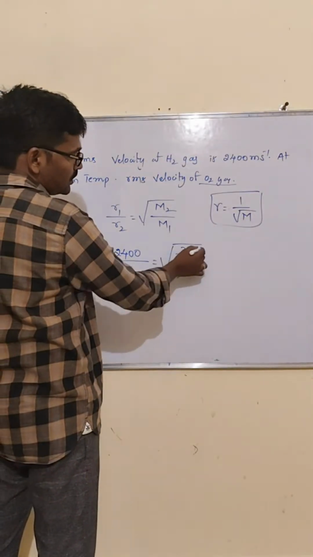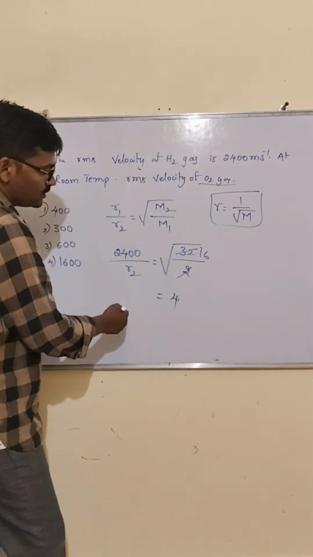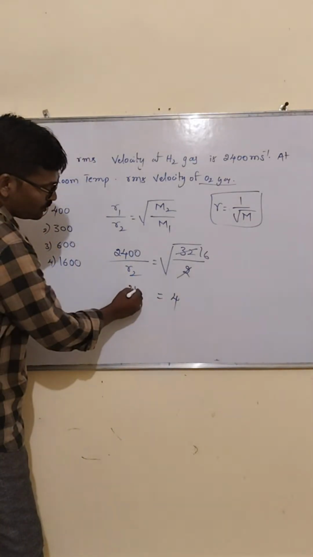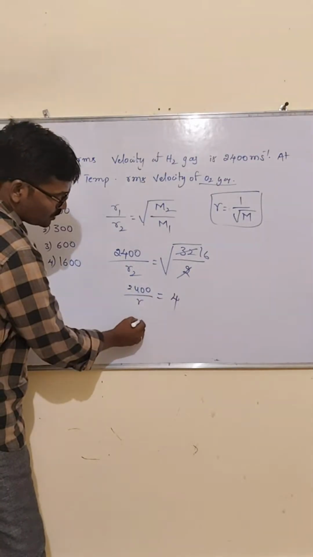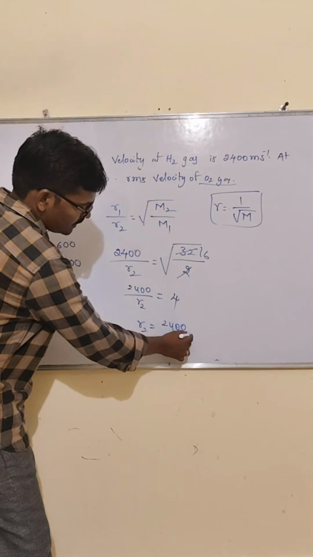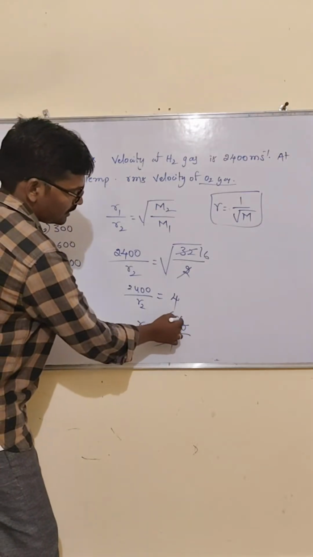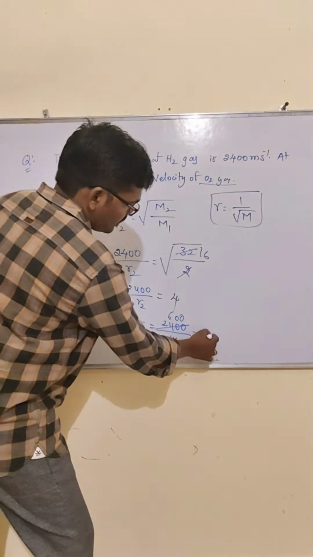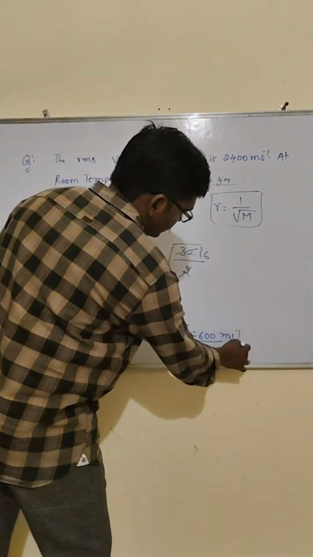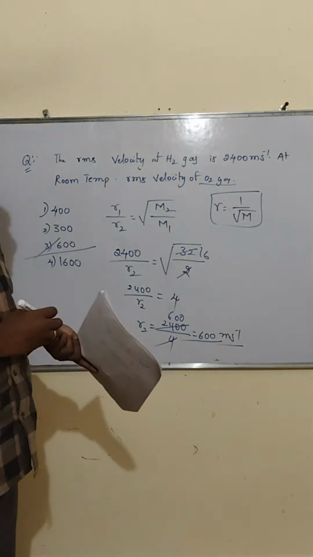So 2 1s are 2, 2 16s are 32. So root 16, how much can you get? 4, right? Then 2400 divided by R2. So R2 equals 2400 divided by 4. How many times will 4 go? 600. So 600 meters second inverse is the answer.